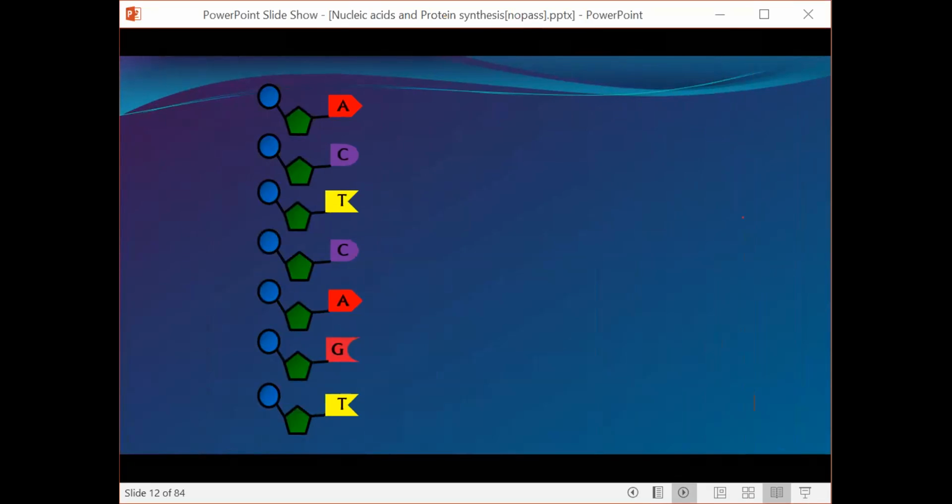Now, in the chat, give me the sequence of what will be the alternate sequence for this particular strand that has been given. What will come over here?